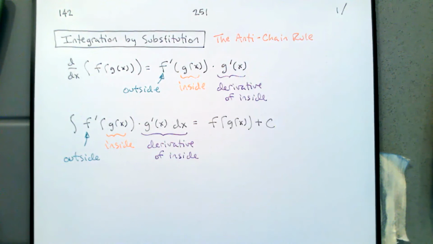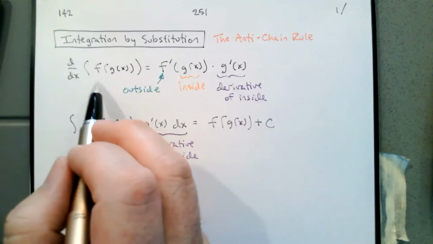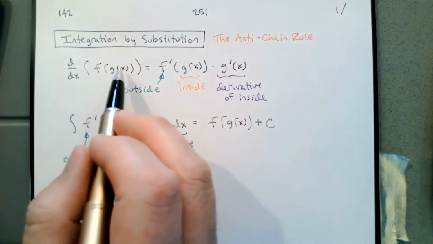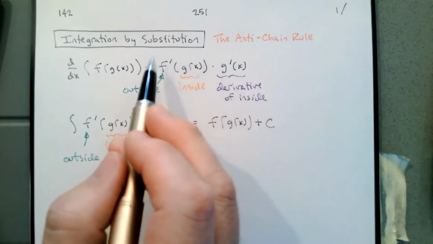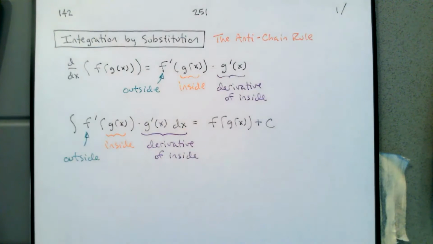We want to find the derivative of a composition of functions, g of x plugged into f of x. The chain rule says take the derivative of the outside with respect to the inside, that is, find df dg, and multiply by the derivative of the inside, dg dx. So I take the derivative of f with respect to g and multiply by the derivative of g with respect to x.